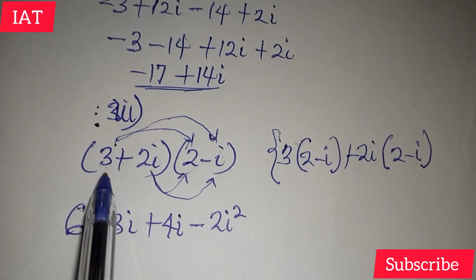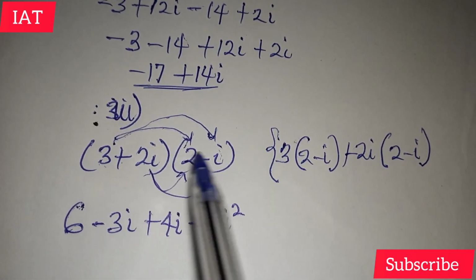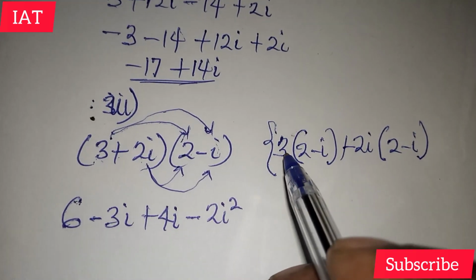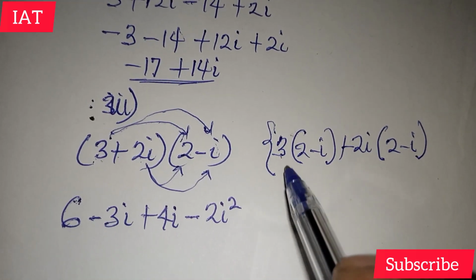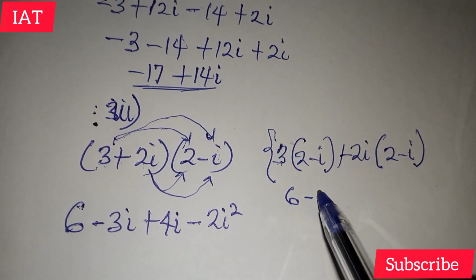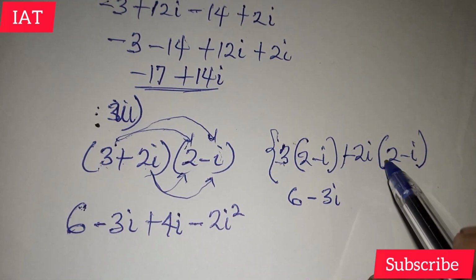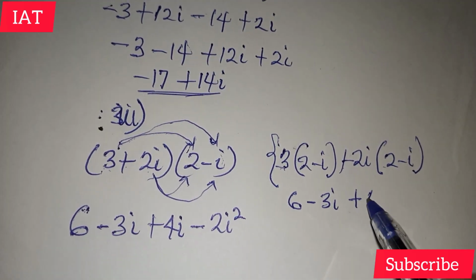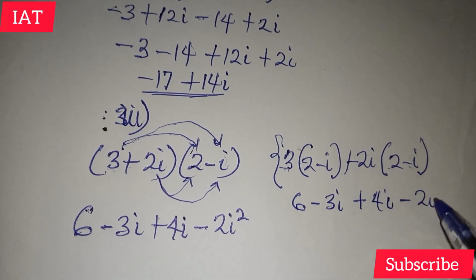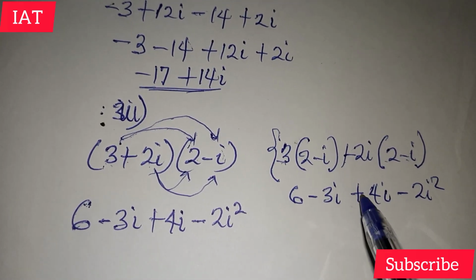That's to say, I use the first term against this, and use the second term against this. If you split this, 3 times 2 will be 6, 3 times minus i will be minus 3i, and 2i times 2 minus i, I think this looks easier, and this times this will be minus 2i squared. That gives exactly what we're having here.